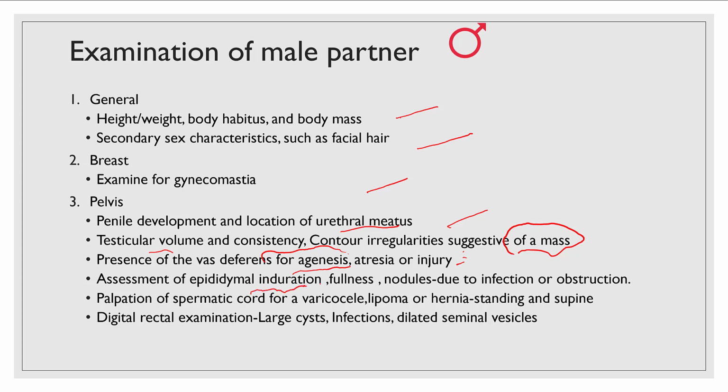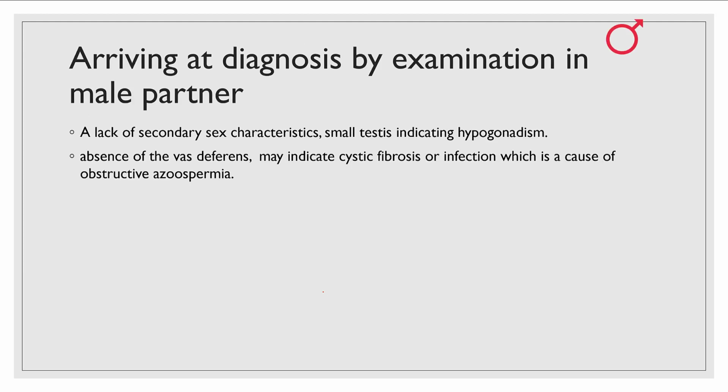Then check the epididymis, whether it is indurated, full or nodular. There are signs of previous infections or due to obstruction. And then palpate the cord and see whether there are varicoceles or lipoma. And then do a PR examination to identify prostate or enlarged seminal vesicles which are due to blockage or infection.